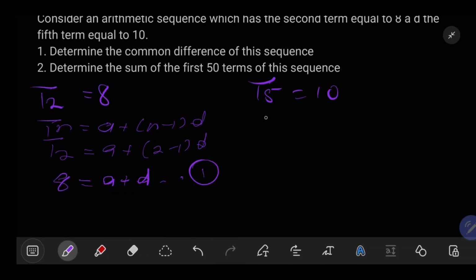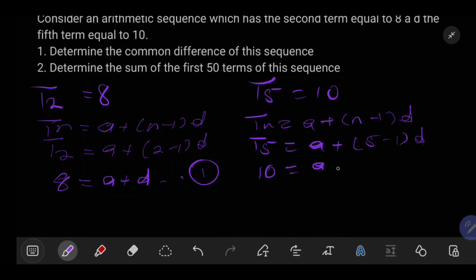For term number 5, similarly n minus 1 times d, and where we see n, we substitute 5. We know the value of T5, which is 10. Then we have a plus 4d, not into. So this is our second equation.